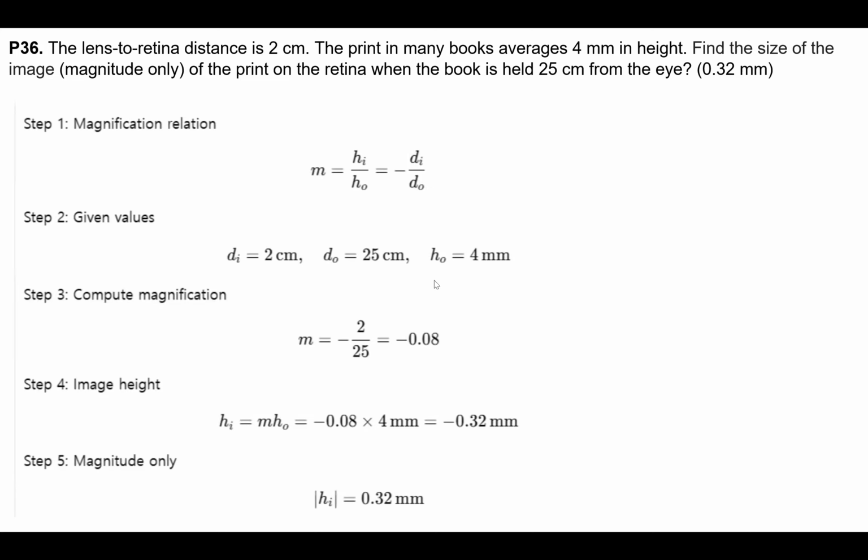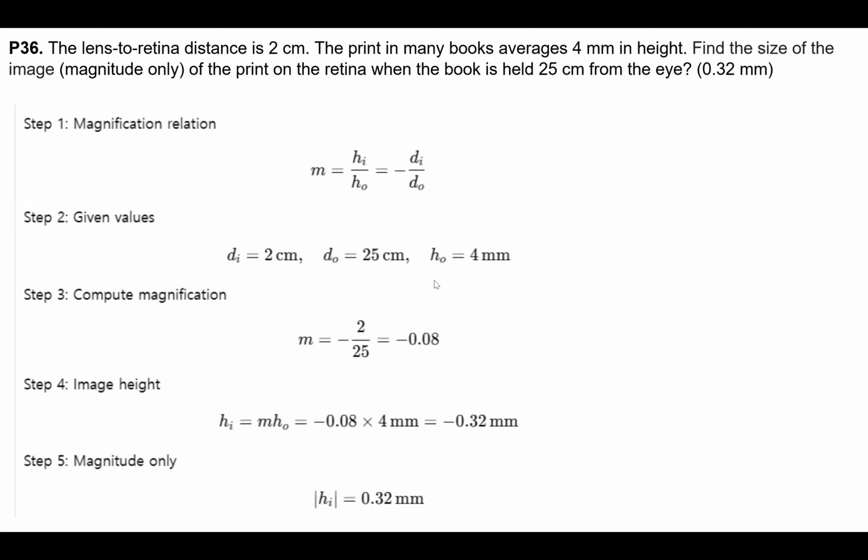And note that this distance is, in fact, the image distance. The image is formed at our retina, so this tells us the image distance. And then the object distance is given by this one.